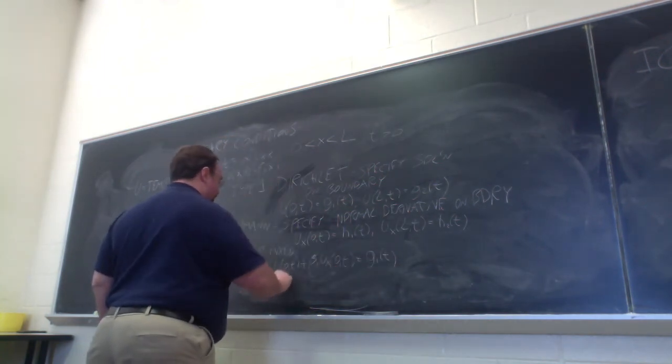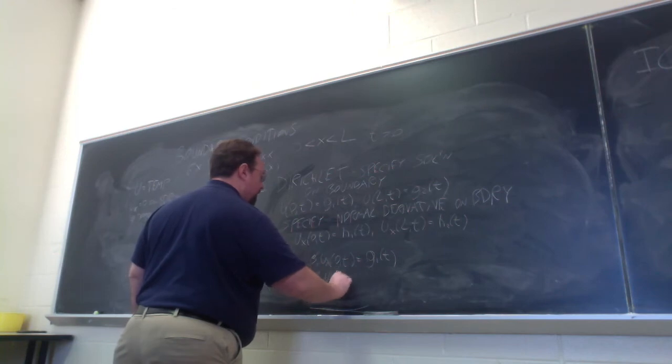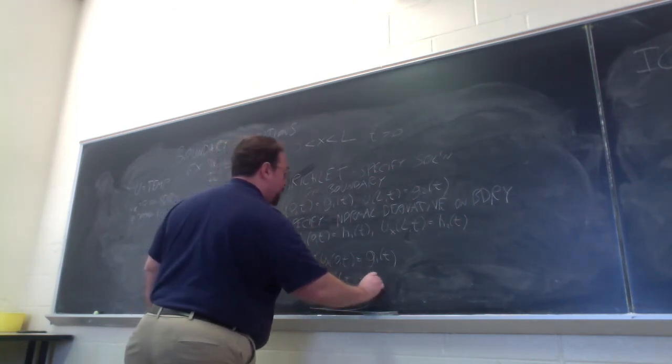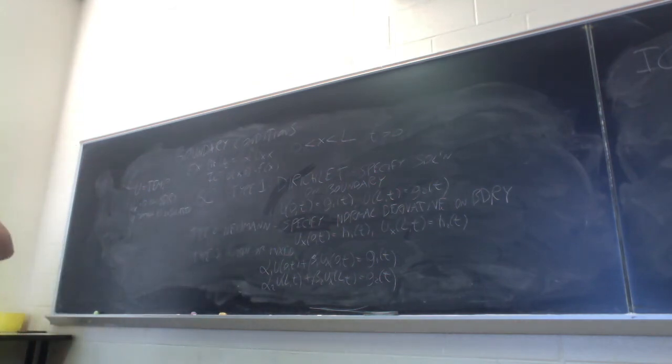And then similar at the other boundary: a combination of u of L,t and du dx at L,t equals some other given function. These don't come up quite as often, but they're common enough that they're certainly worth mentioning.